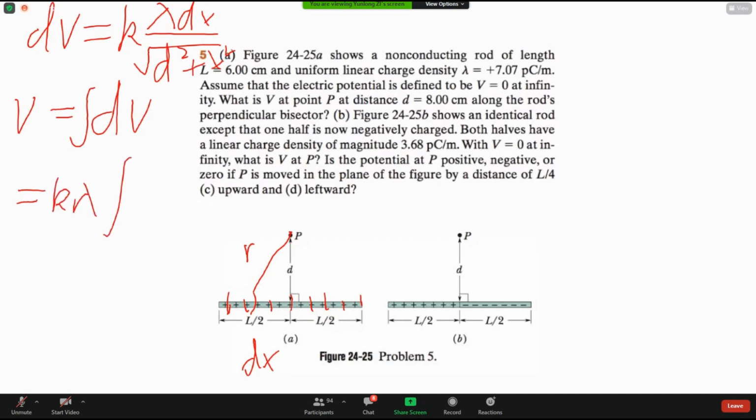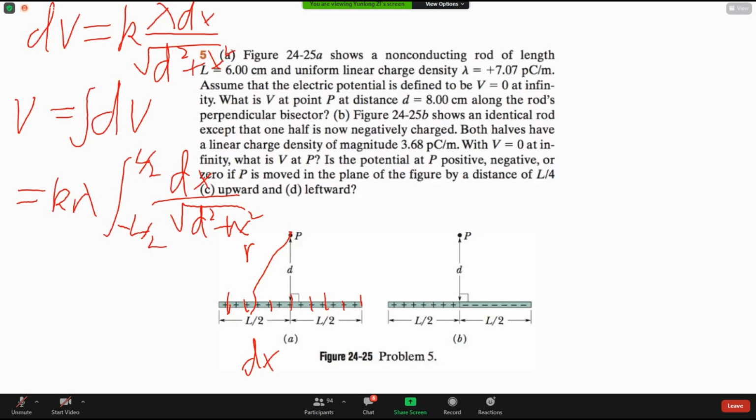The range should go from minus L over 2 until L over 2, and then the integrand is dx over the square root of d squared plus x squared. How do we do the integration? It's a mathematical problem; you can probably just check with an integral table.